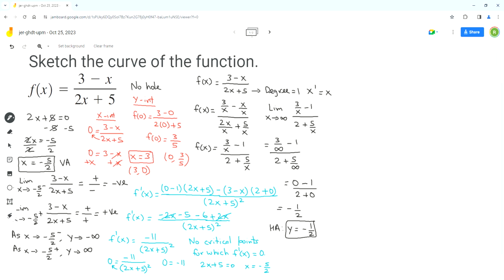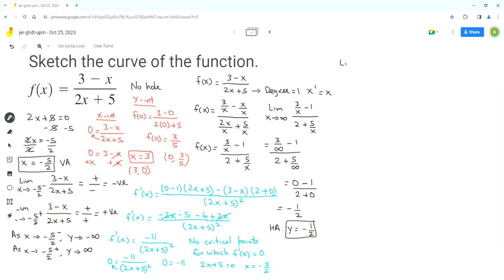Now we need to analyze whether the curve approaches the horizontal asymptote from above or below. So for that, we'll apply the limit to this function for x approaching a big negative number and a big positive number, and then we'll see if the expression value is greater than negative half or below negative half. So let's start with the left side.